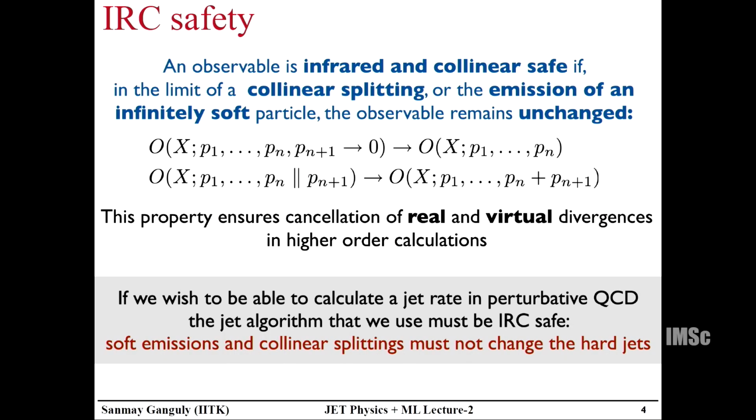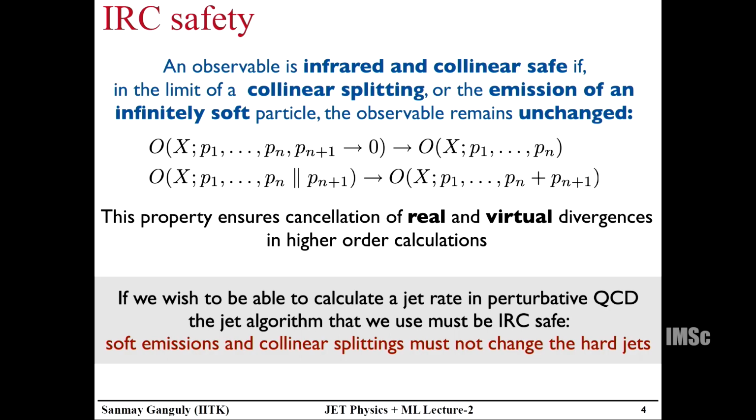Now, what does this formally mean? A jet will be a set of particles. So if I define an observable related to a jet, it should be an observable on a set of particles.